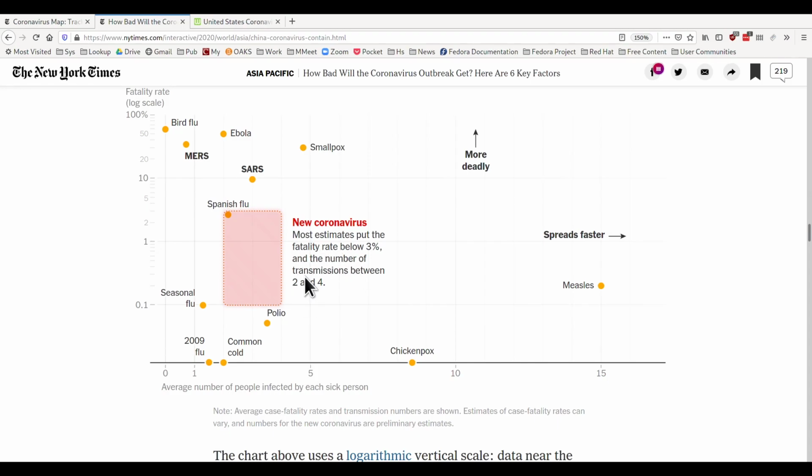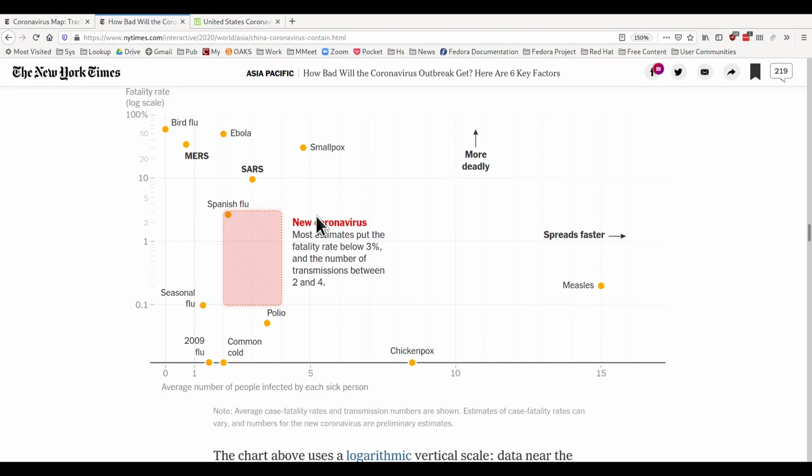It looks like that was a low estimate. It looks like the dot for the COVID-19 virus should go around here. So around 5 for R0 and somewhere between 2% and 5% on the fatality rate. This makes it kind of a perfect storm of a disease.